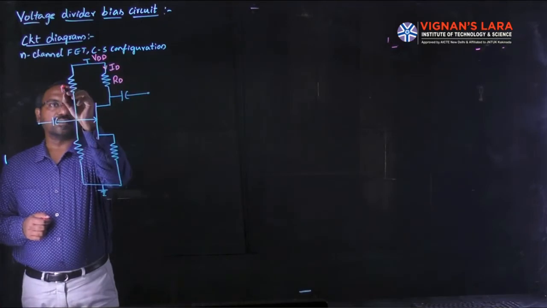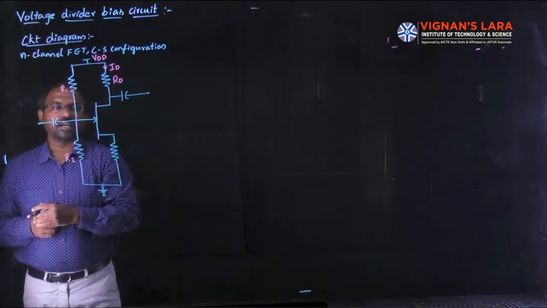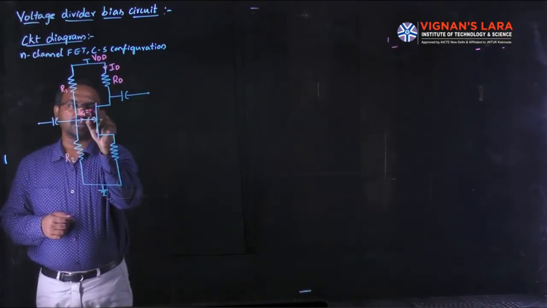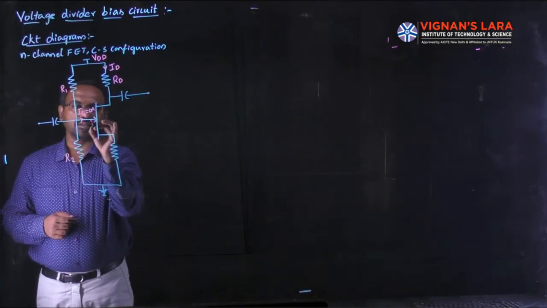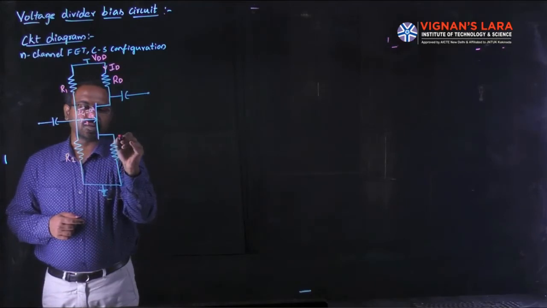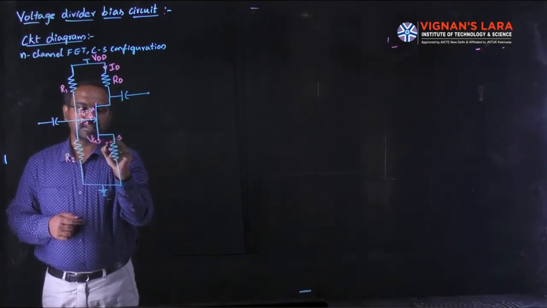The voltage divider network R1, R2, right? The current flowing through the gate, IG, is equal to 0 amperes, you already know. This is the gate terminal. The voltage drop between gate and source is VGS.